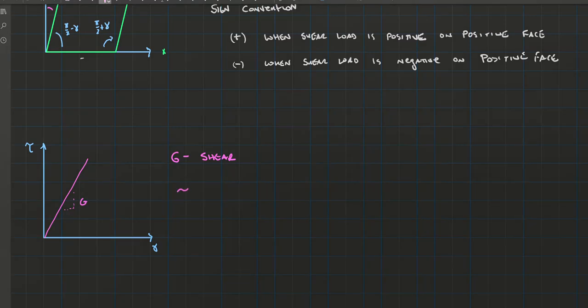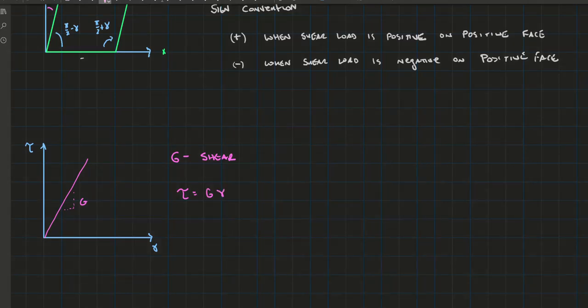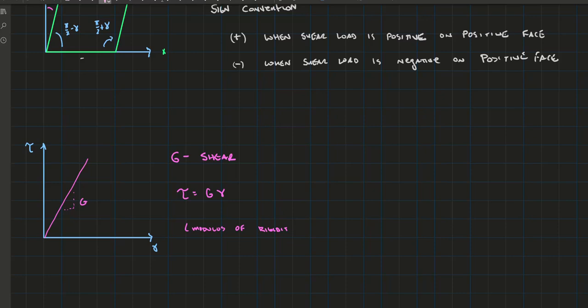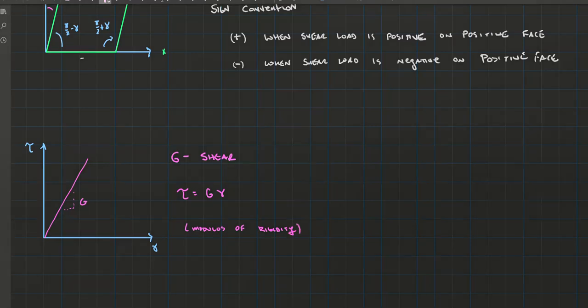And so therefore tau equals this constant G gamma. Sometimes we call the shear modulus the modulus of rigidity. A rigid material is one that doesn't shear much.